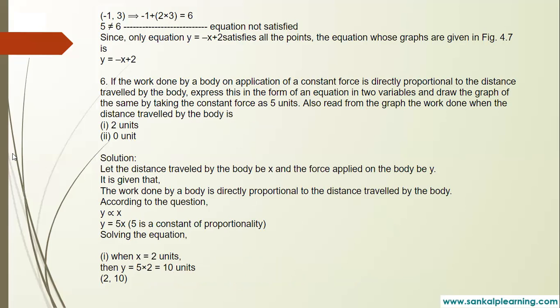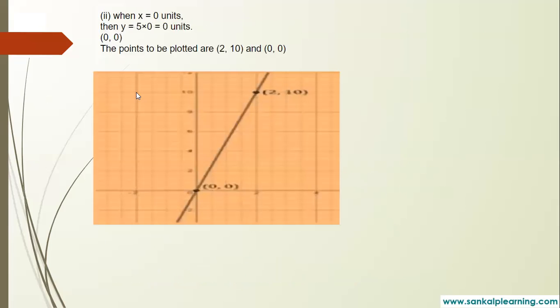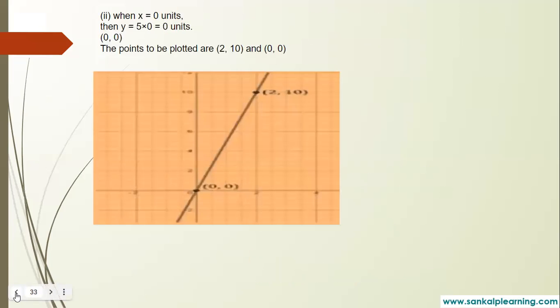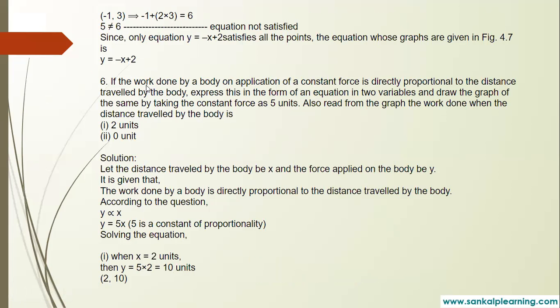6-1. If the work done by a body on application of a constant force is directly proportional to the distance traveled by the body, express this in the form of an equation in two variables and draw the graph of the same by taking the constant force as 5 units.